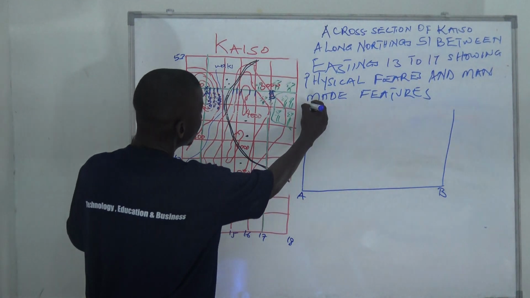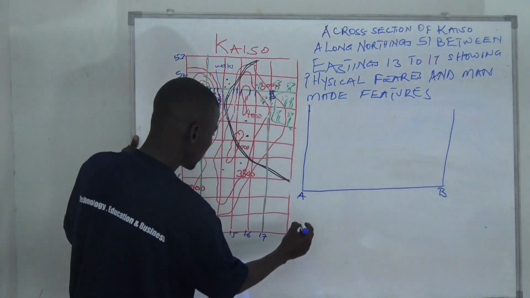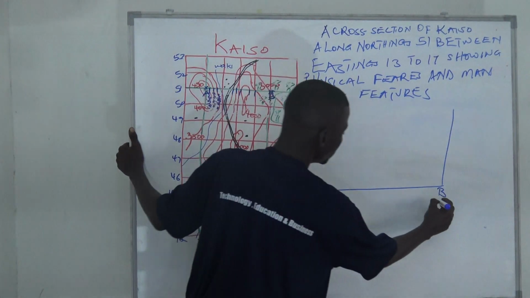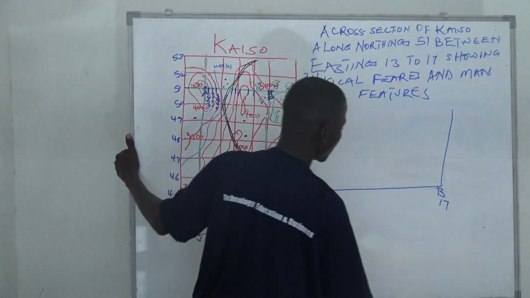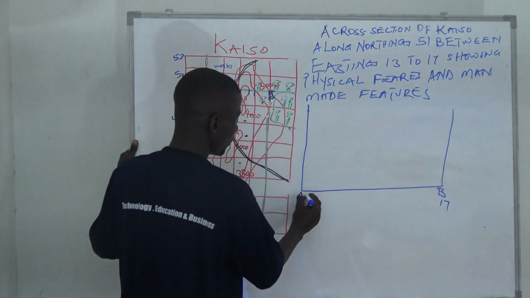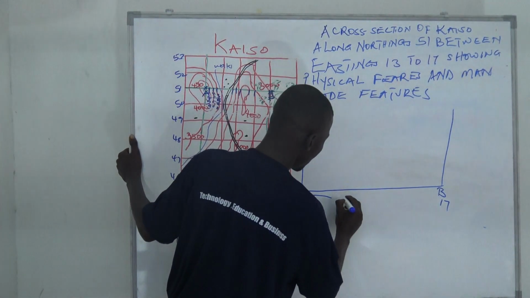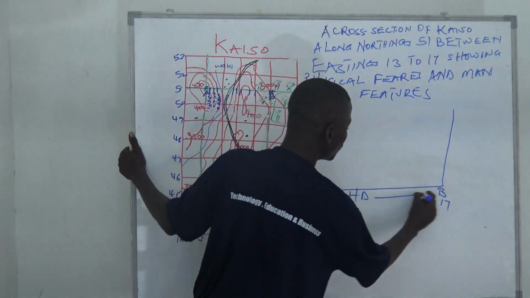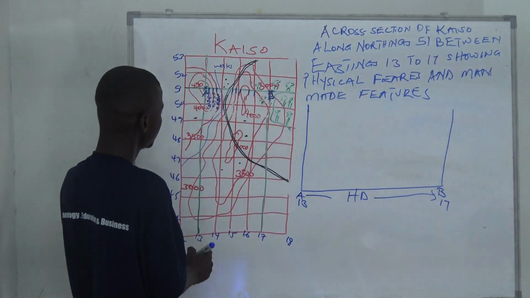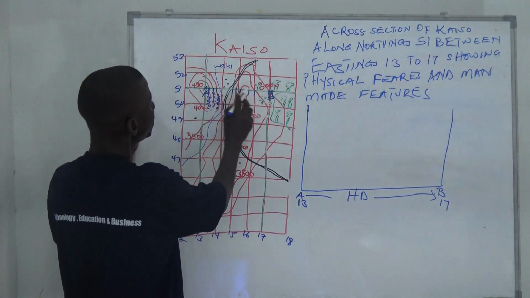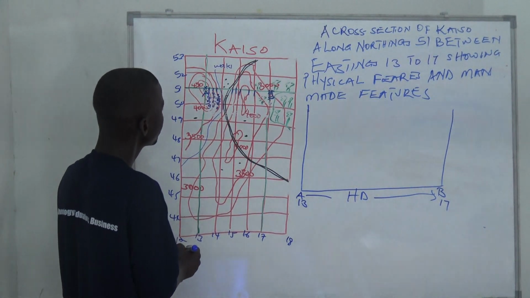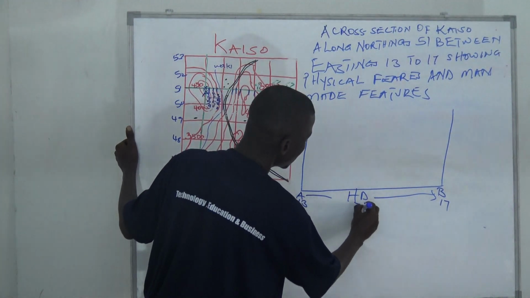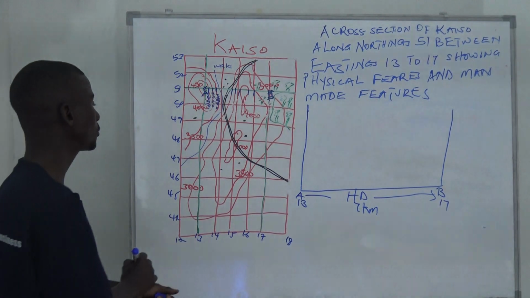This one was eastings 13, while this was eastings 17. Put a scale here called the HD, which means horizontal distance. Measure from A to B how many centimeters they are. Say for example, if they are 7, you say 70 kilometers as your horizontal distance.